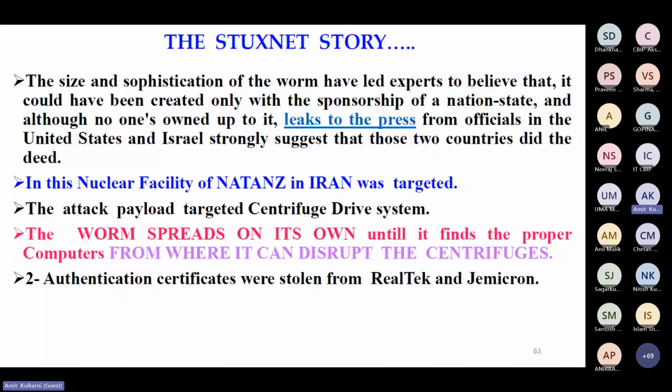So, in short, the worm spreads on its own. It focused on its target on its own, and from there it disrupted the centrifuges.